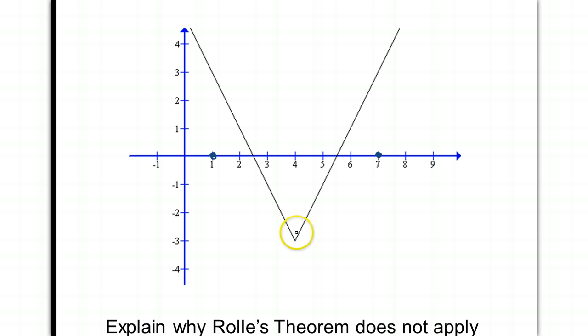Okay, there's our problem right here. It's not differentiable there. It looks like 4, because the derivative from the left does not equal the derivative from the right. So therefore you cannot use Rolle's theorem, nor could you use the mean value theorem. They both say it has to be continuous and differentiable.